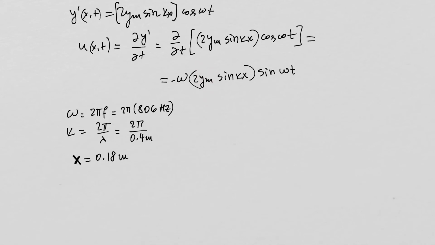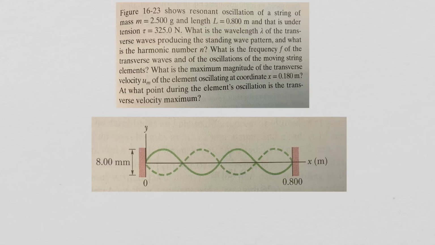If we look back at the standing wave picture in the figure, we know that the maximum amplitude is at the antinodes, and so the amplitude is 4 millimeters.